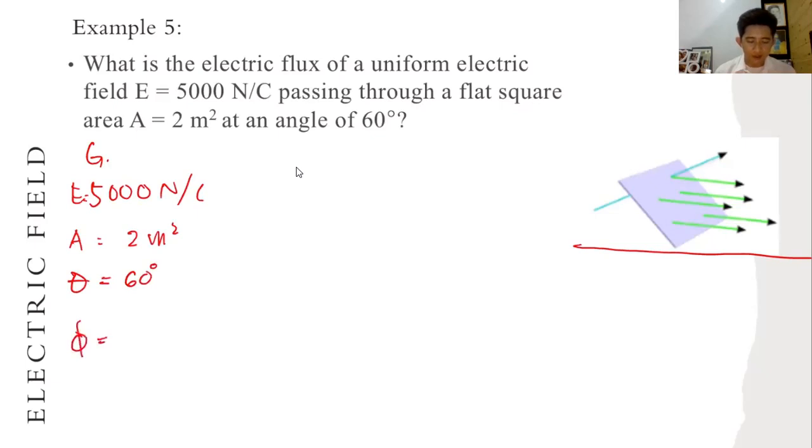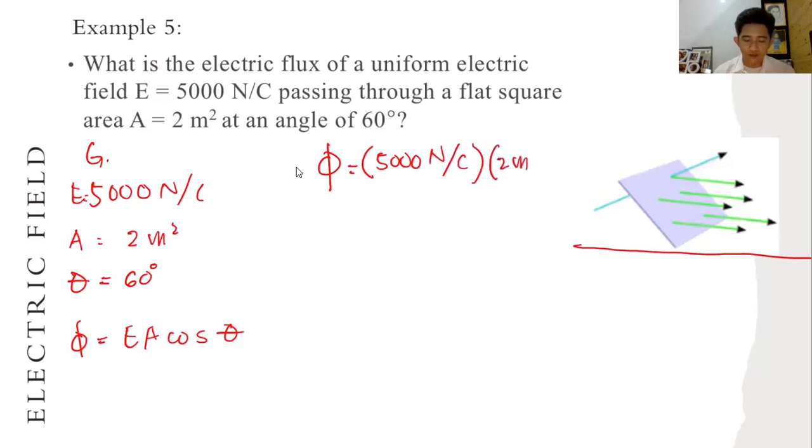So again, our equation is E A cosine theta. So we have our solution. The electric flux is equal to 5,000 newtons per coulomb times 2 square meters times cosine 60.